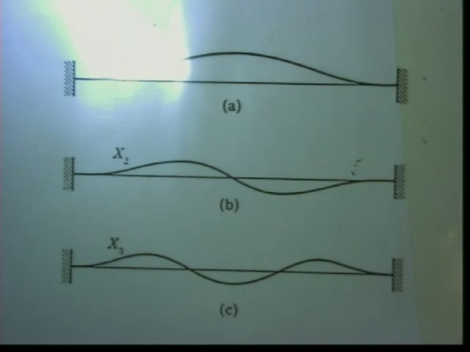Whereas even numbered modes are anti-symmetric with respect to middle cross-section. Why does it happen? Because boundary conditions are symmetric with respect to middle cross-section.